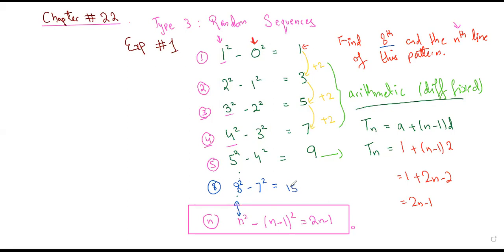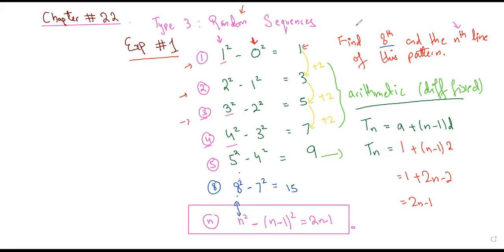Okay, now Turhan has just joined, so I'll give him a quick idea about this question. Basically, this is the very first example of random sequences. The example has lines this time, it does not have terms. The first line says 1 square minus 0 square equals 1. The second line says 2 square minus 1 square equals 3. The third line says 3 square minus 2 square equals 5.